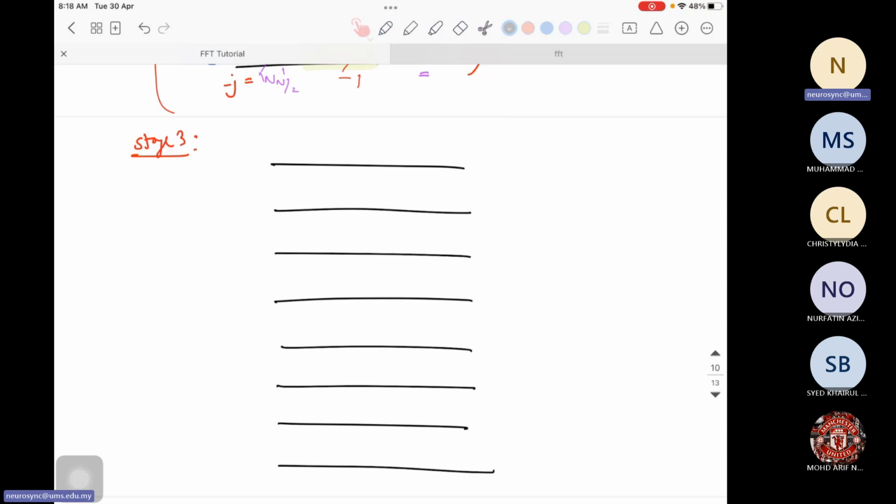Will you be able to do this? Yes, student? Maybe we can, doctor. Okay, do this at home and find out the answer. At the end of stage 3, we will get the x of k value.